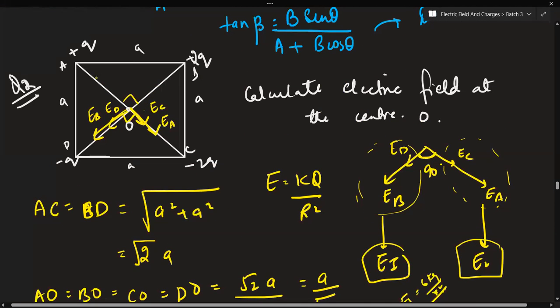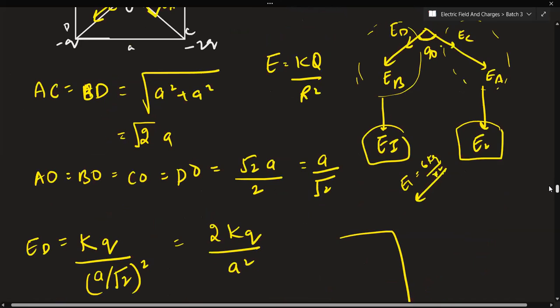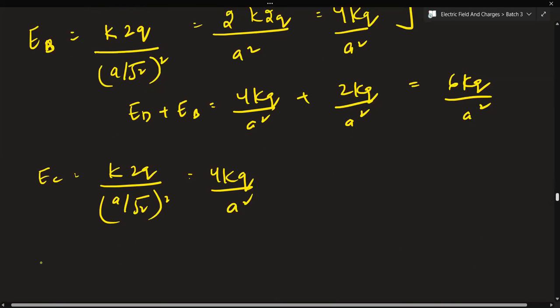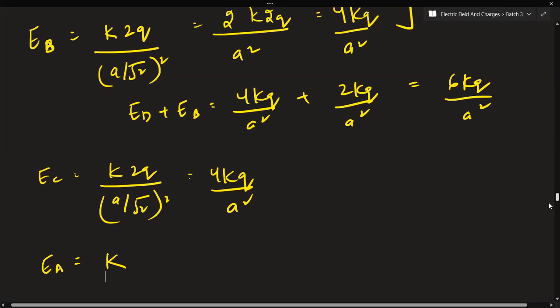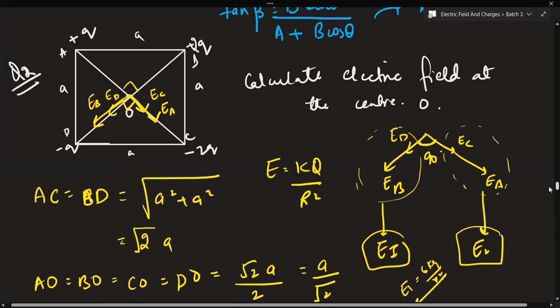Then we have to find EA. The charge is Q and the separation is A by root 2. What will the electric field be? The constant K will come. Not 2Q, just look at the charge at point A: KQ.